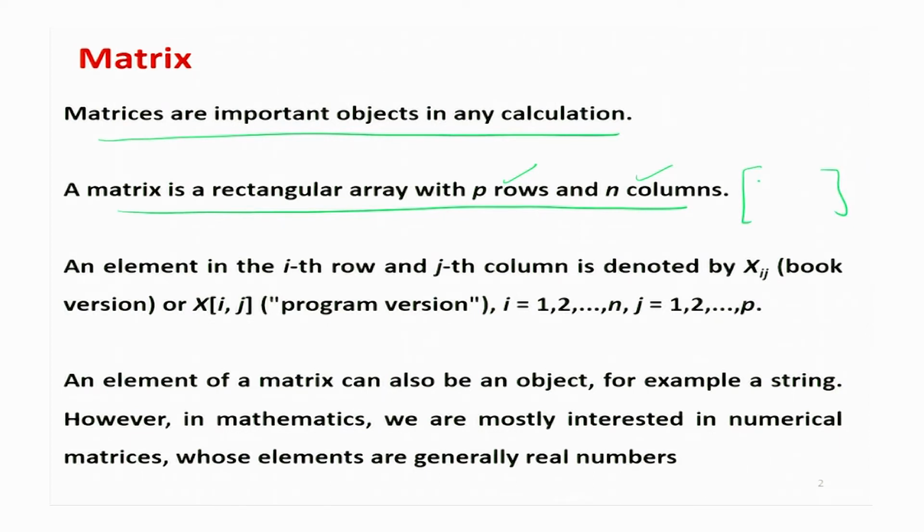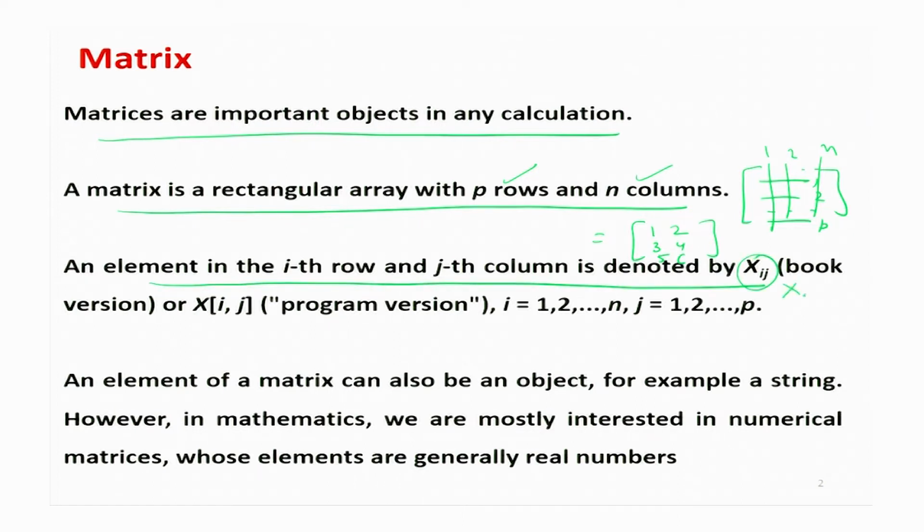There are rows here, 1, 2, up to 3 rows, and then there are columns 1, 2, etc., n columns. And the data is arranged like 1, 2, 3, 4, 5, 6 and so on. Now, the values inside this matrix are the elements of this matrix, and an element in the ith row and the jth column is denoted by x_ij, x with the subscript ij.